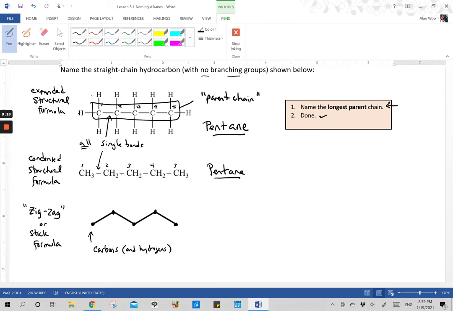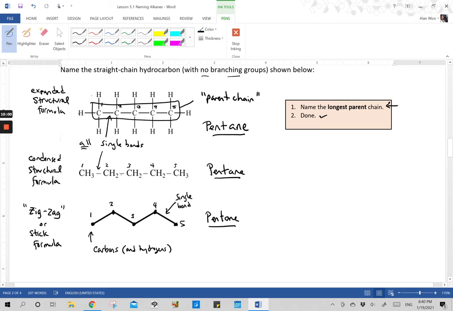That's not the point when you're drawing a zigzag formula. So if we have 5 dots, that's 5 carbons. We make it a zigzag because a straight line won't be able to show these carbons and hydrogens. This was also a pent because it's 5 carbons, and every line in between the dots represents a single bond, and therefore you have pentane.